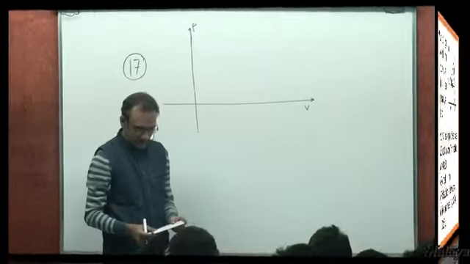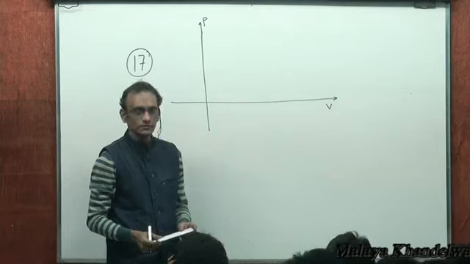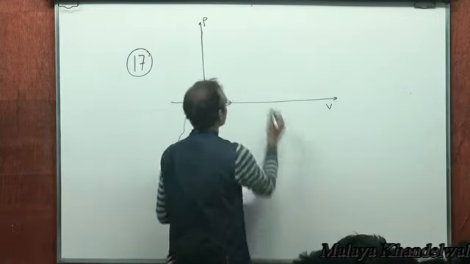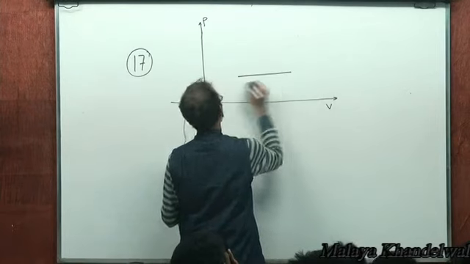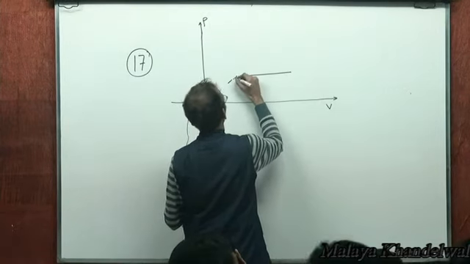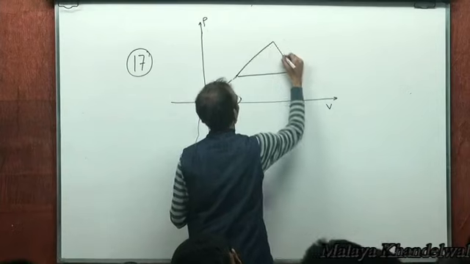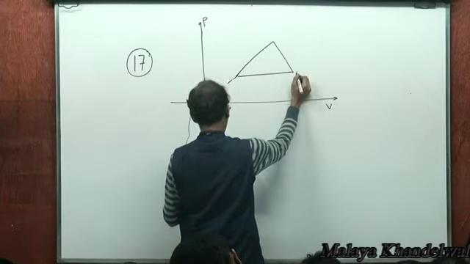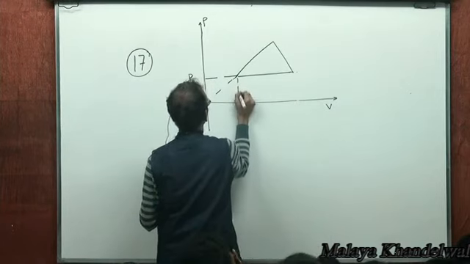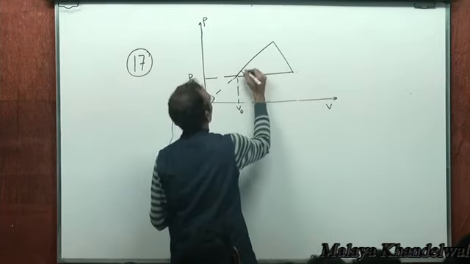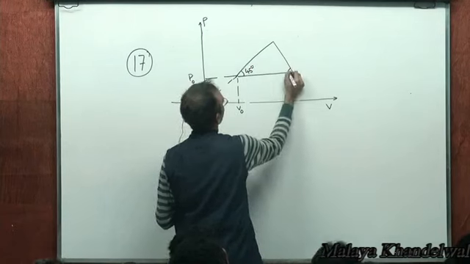There is an ideal gas that expands from a volume V naught equal to 1 liter. So let me just draw the process. Pressure P naught, volume V naught, 45 degrees here, 45 degrees here.